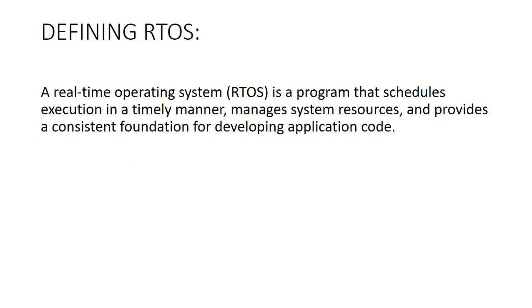It's a program that schedules execution in a timely manner. It manages system resources and provides a consistent foundation for developing application code. So the first work of the RTOS is that it has to schedule, it has to manage, and it has to provide. Scheduling the execution, managing the system resources, and providing a consistent foundation for developing application code.